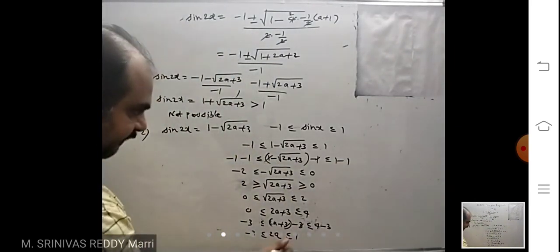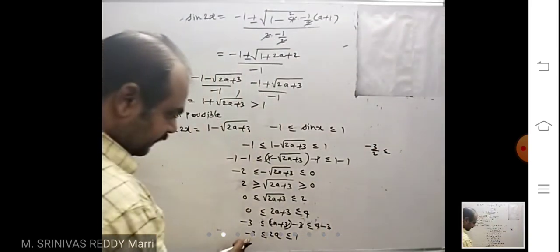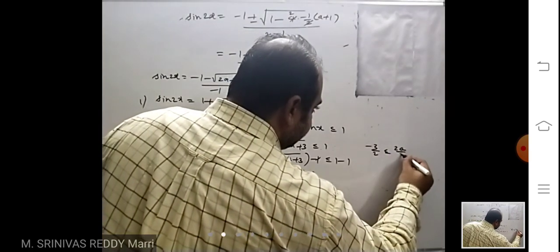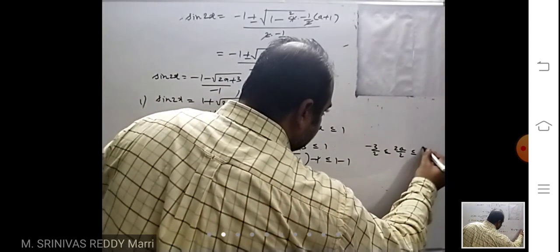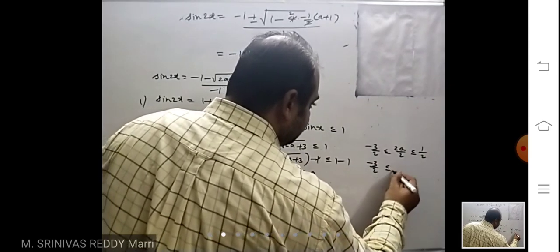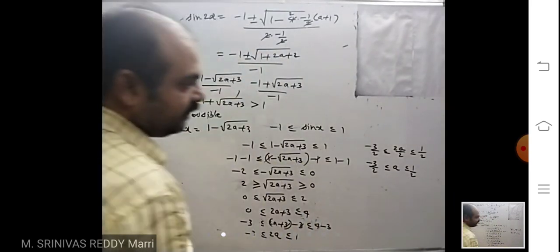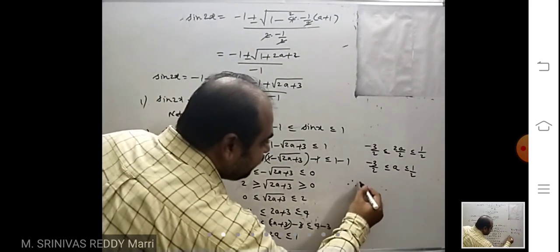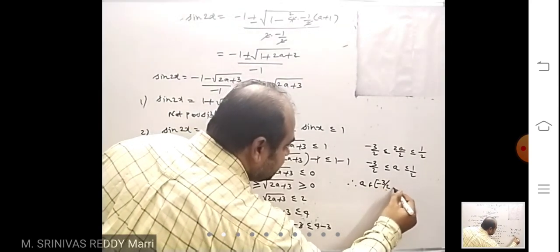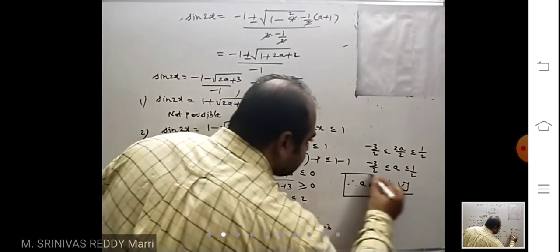Now divide by 2: minus 3 by 2 is less than or equal to a, which is less than or equal to 1 by 2. That means a must lie in the interval minus 3 by 2 to 1 by 2. That is the answer.